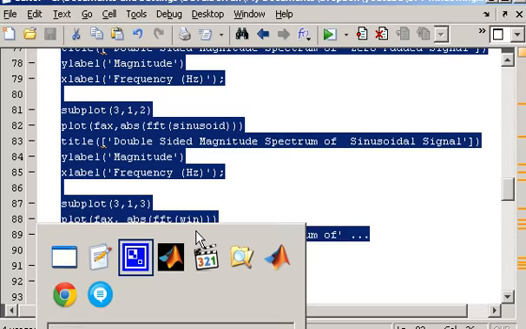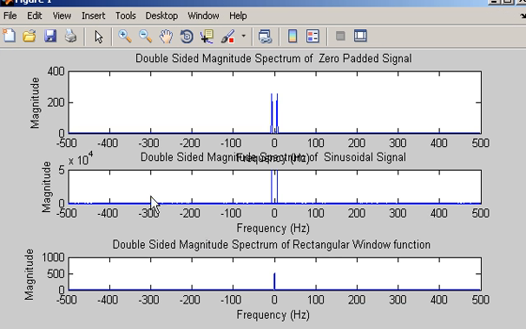There's the result. So once again, this is the double-sided magnitude spectrum of my sinusoidal signal, and if I zoom in there, that won't have changed. I still should see two spikes at 6.5 and minus 6.5, so zoom in there. Okay.